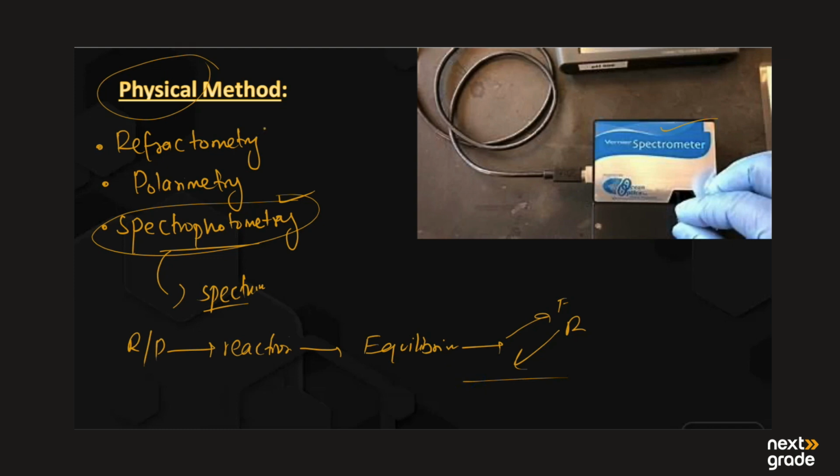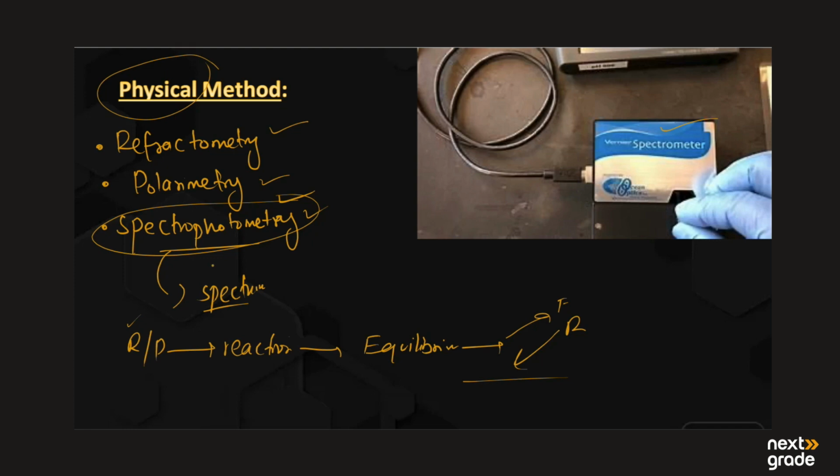And we have the refractometer to find the concentration of reactants and products. Next, we have the polarimeter, and this process is known as polarimetry. And when we use a spectrometer, this process is known as spectrophotometry.